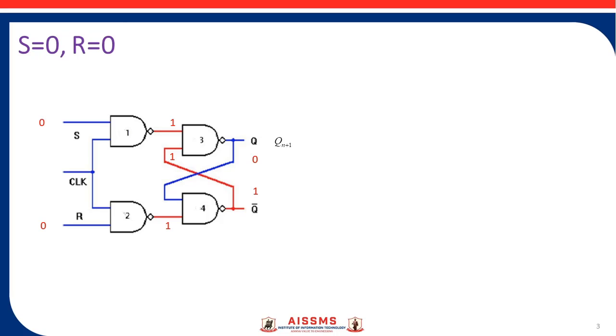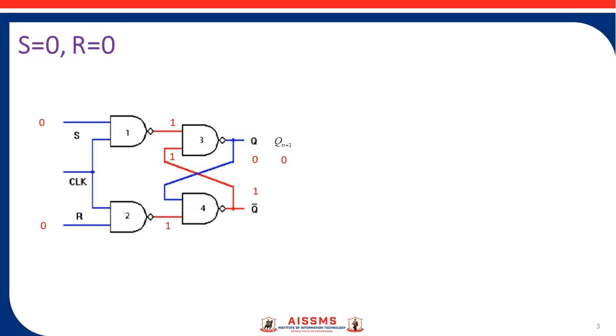Now both inputs of the third NAND gate will be 1, so the output of the third NAND gate will be 0. This will be the next state. Q is the first state, the present state, and Qn plus 1 will be the next state. So Q is 0, and in the next state we are getting the same value, that is 0.